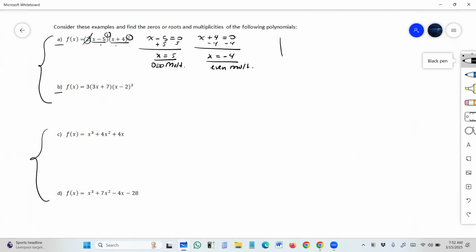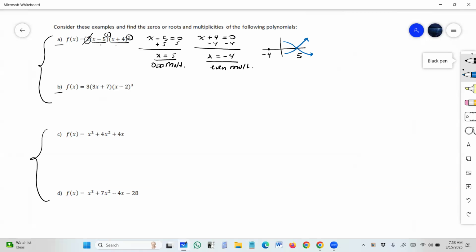So I am not graphing the polynomial right now, but if I were, here is my negative 4, and here is my positive 5. On the positive 5, I have odd multiplicity, so the function is either going to cross from the bottom to the top or from the top to the bottom.